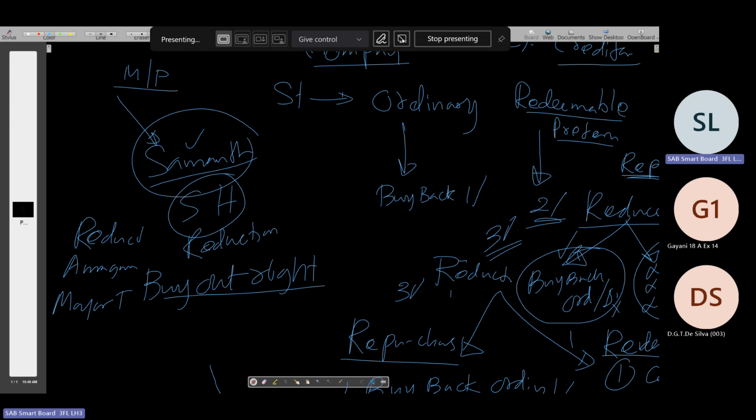Redemption and repurchase both amount to reduction of stated capital.